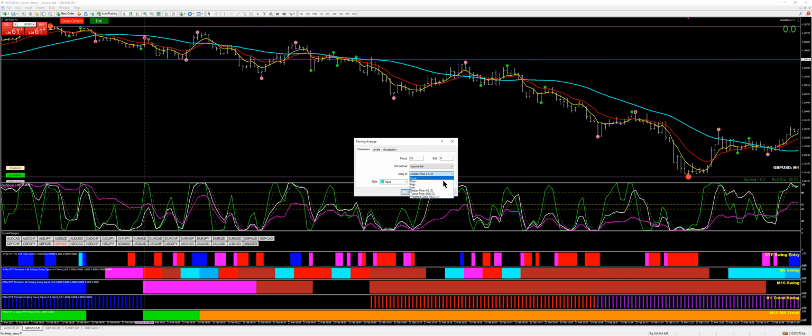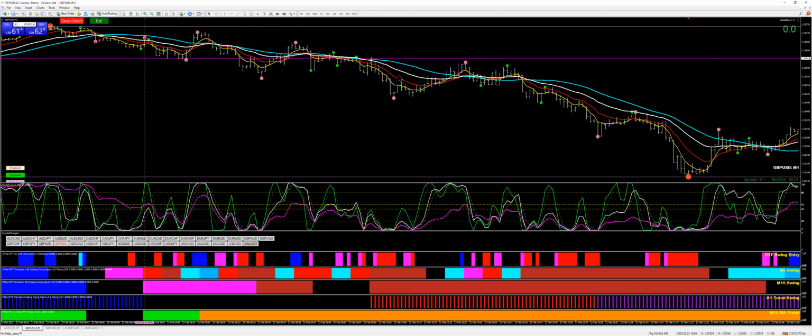Exponential, and let's make it white. All right, so there's your MACD right there. Every time the 12 26 crosses over, it's crossed the 0 line on the MACD. Okay, so this is where the bearish is.